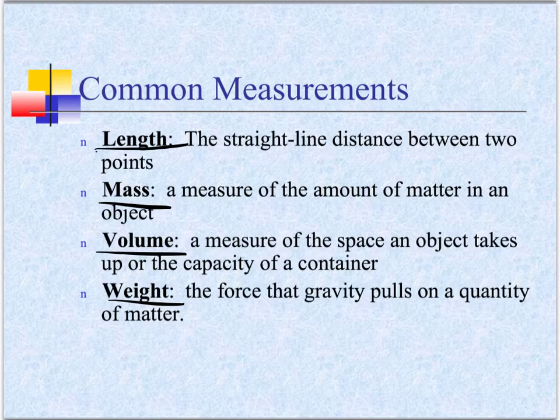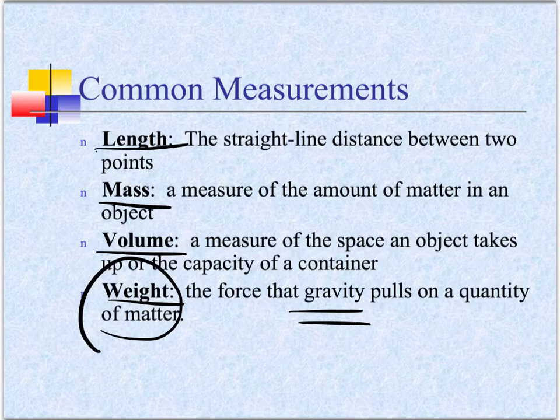So no matter where you are in the universe, your mass will be the same. But weight is completely dependent on gravity. It is the force that pulls you to the center of the earth, the force required to pull your mass to the center of the earth. But just remember that weight is gravity dependent and mass never changes.